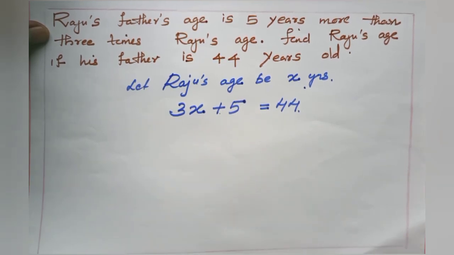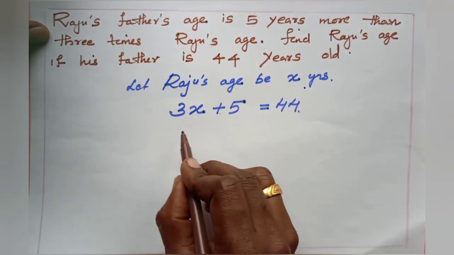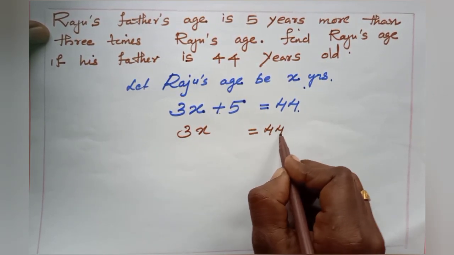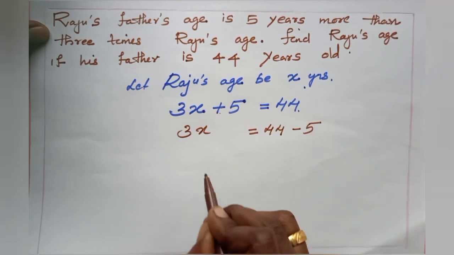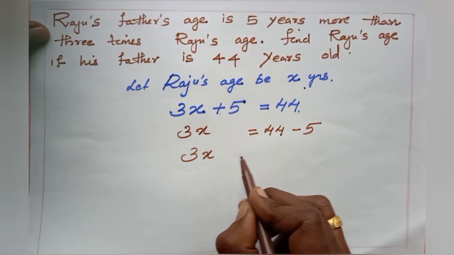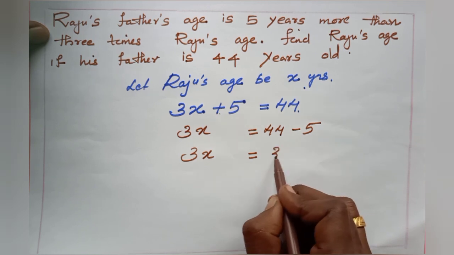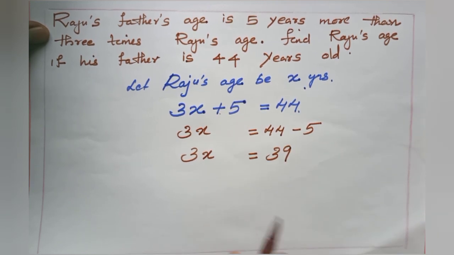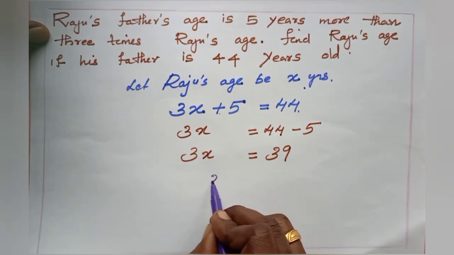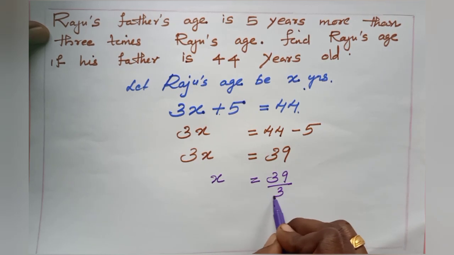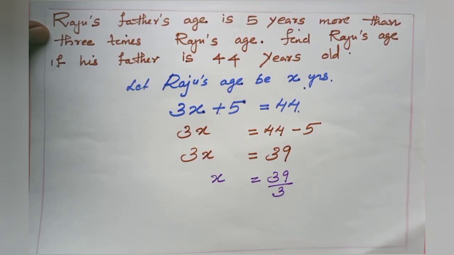When solving this equation, transpose the positive 5 to the right side, it changes into negative 5. So 3x equals 44 minus 5, that is 39. Then x equals 39 divided by 3.